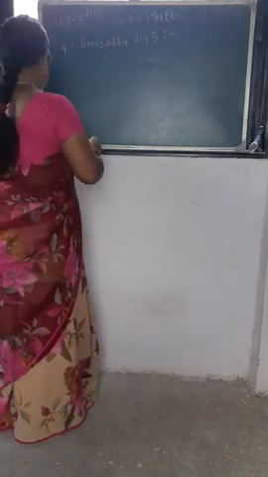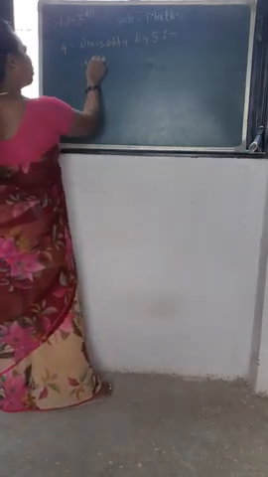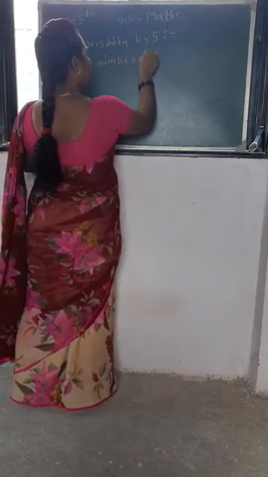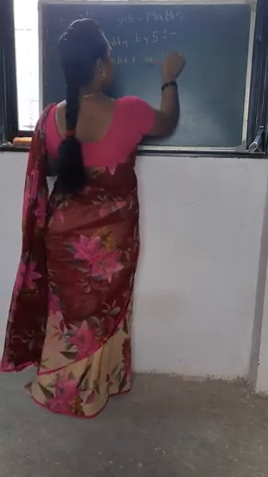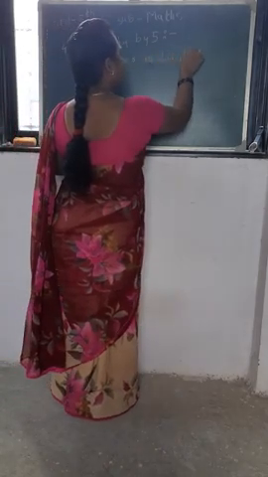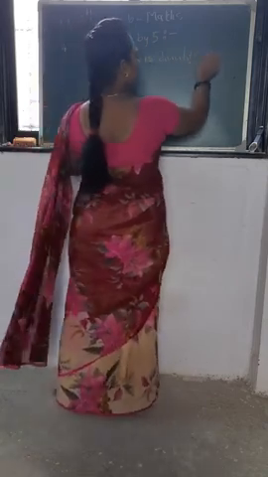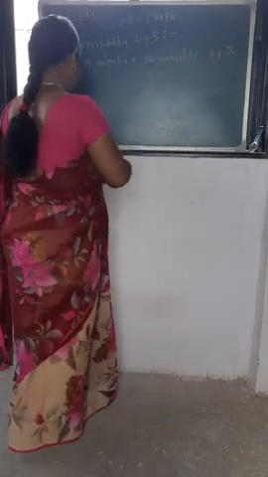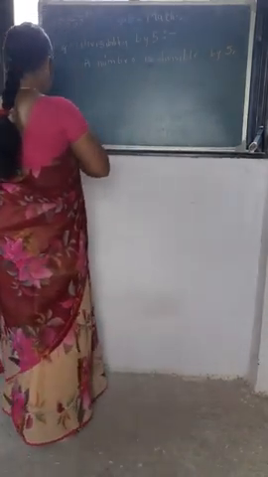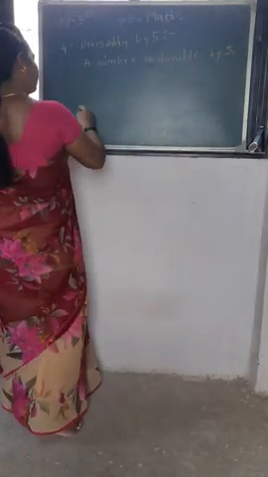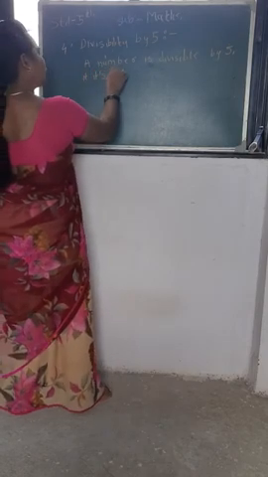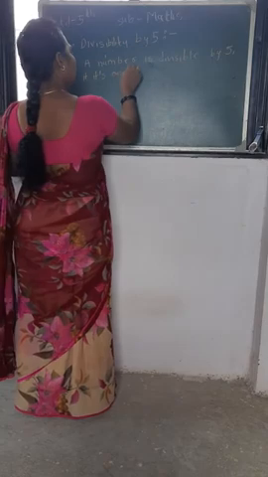The rule says that a number is divisible by 5 if its ones place digit is 0 or 5.